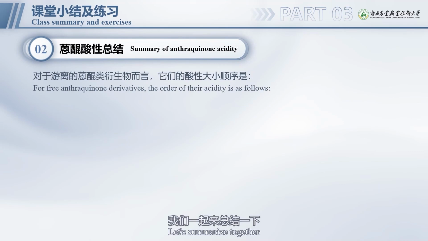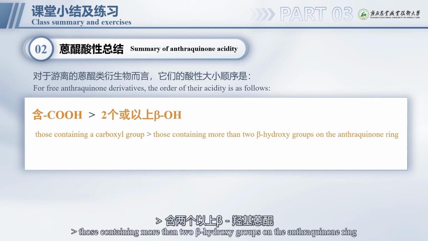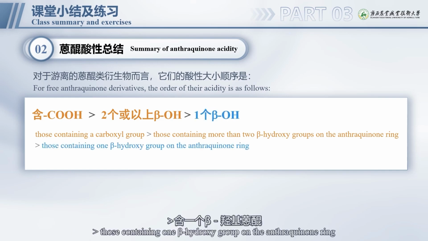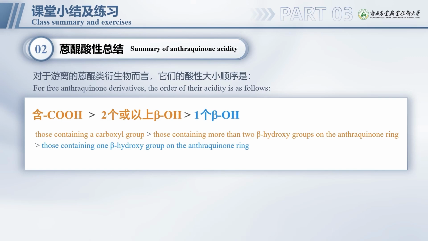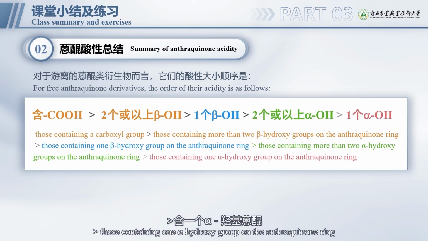Let's summarize together. For free anthraquinone derivatives, the order of their acidity is as follows. Those containing a carboxyl group are greater than those containing 2 or more beta-hydroxy groups on the anthraquinone ring, greater than those containing 1 beta-hydroxy group, greater than those containing 2 or more alpha-hydroxy groups, greater than those containing 1 alpha-hydroxy group.